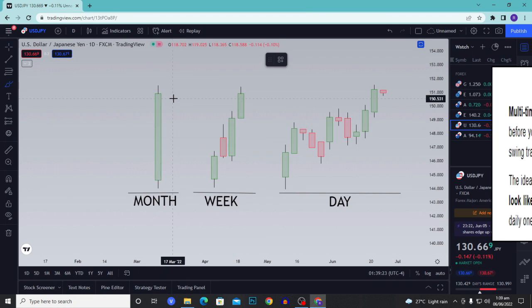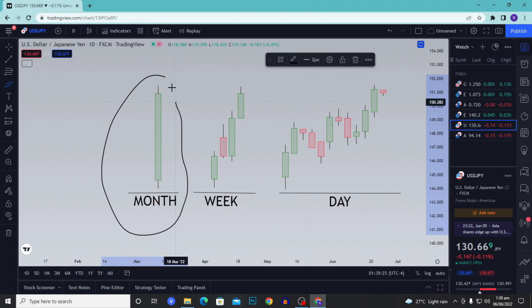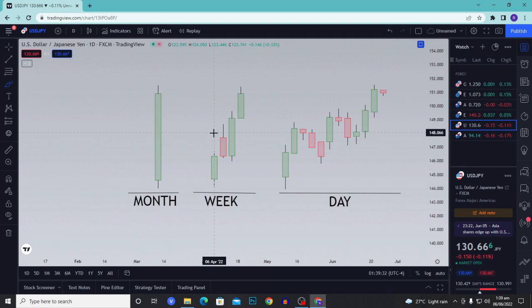So, to start, we have here a monthly candlestick, a bullish monthly candlestick. Then we have this same monthly candlestick broken down into weekly candlesticks right here.